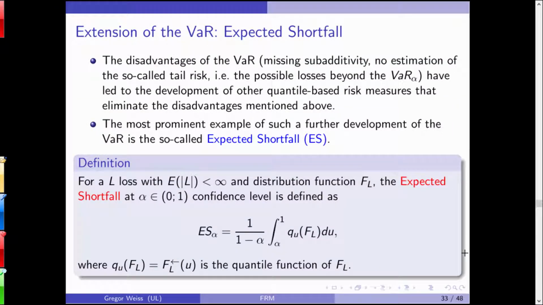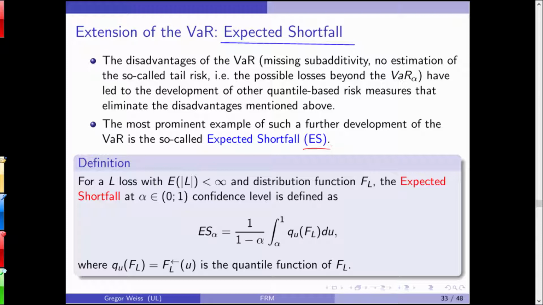We can estimate the expected shortfall. Expected shortfall, or just ES, is defined as follows. For a loss L with a more or less finite mean and distribution function F_L, the expected shortfall is defined as 1 over 1 minus alpha, the integral from alpha to 1 of the quantile function.